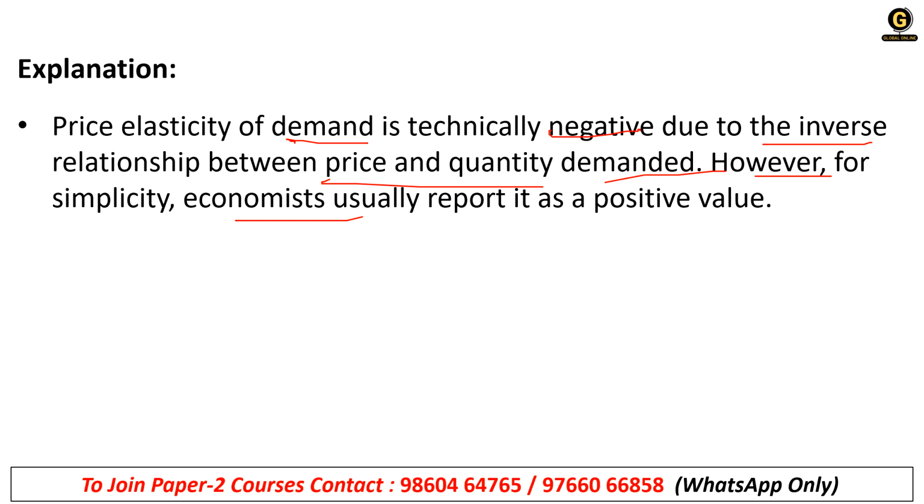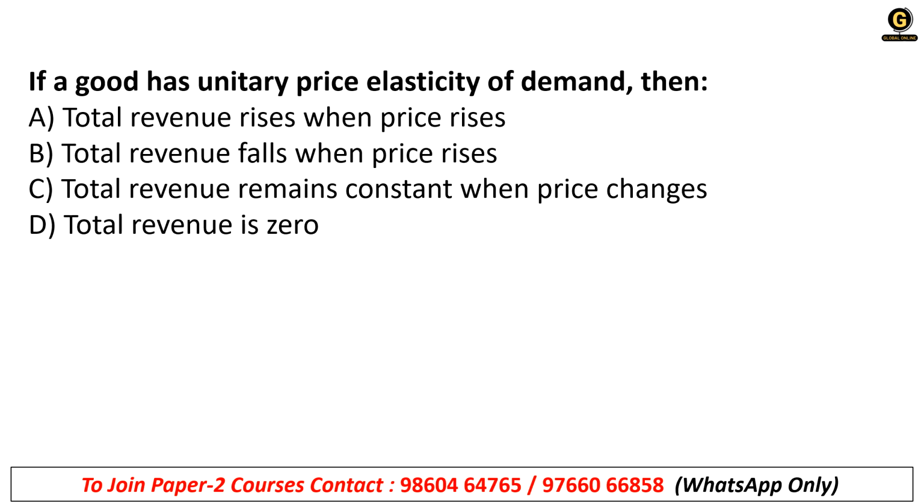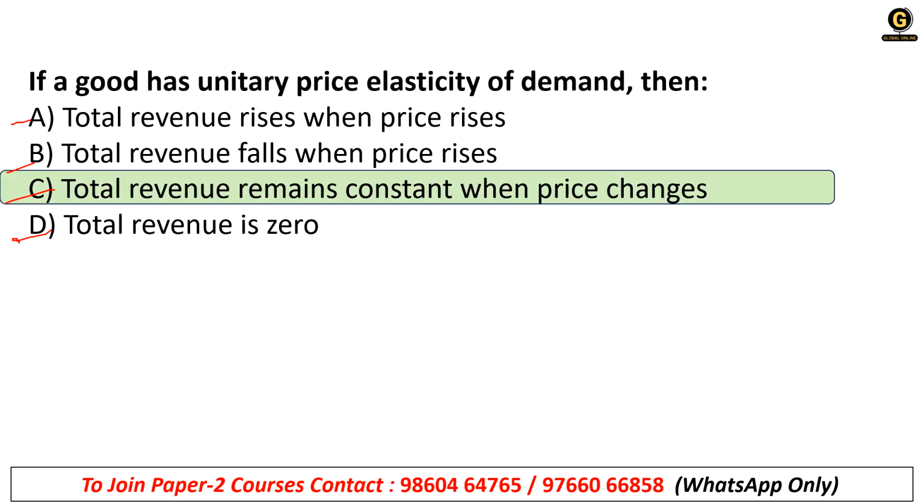Correct? Next, if a good has unitary price elasticity of demand, then A, total revenue rises when price rises, B, total revenue falls when price rises, C, total revenue remains constant when price changes, or D, total revenue is zero. What is it? It is option C. Total revenue remains constant when price changes.